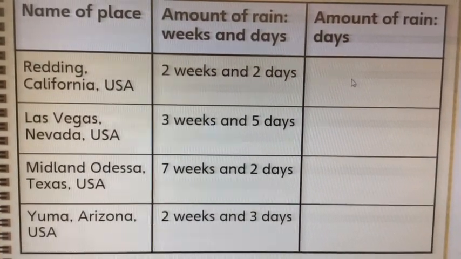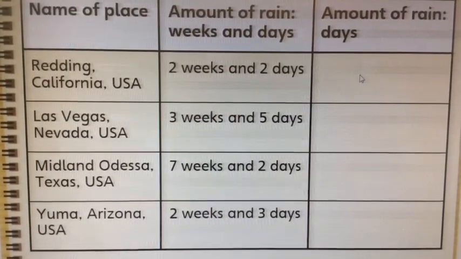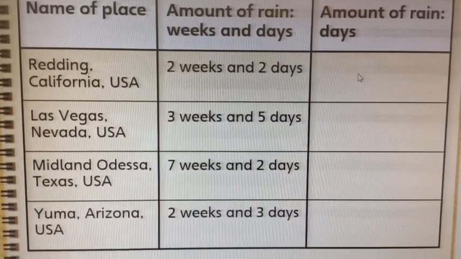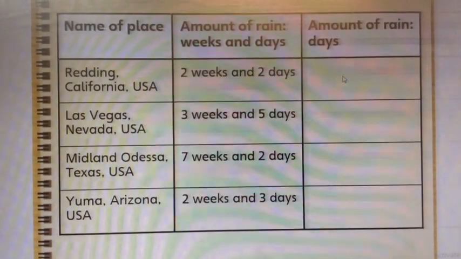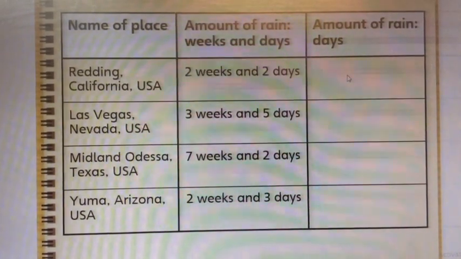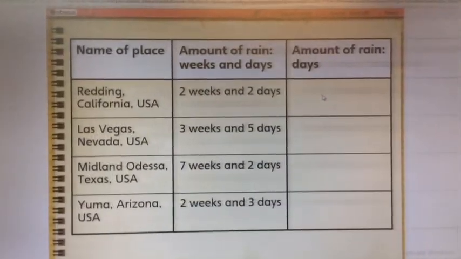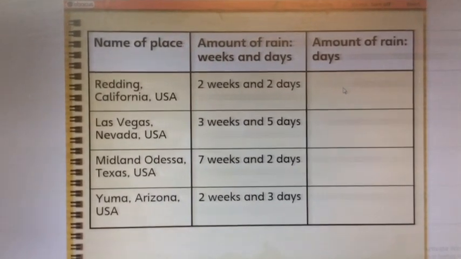And number 8, how many days did it rain in Yuma, Arizona? For number 9, can you write down the name of the place which had the most amount of rain? Most days of rain. And finally, number 10, write down the name of the place that had the least amount of rain.